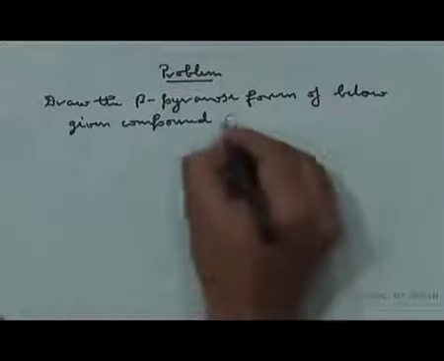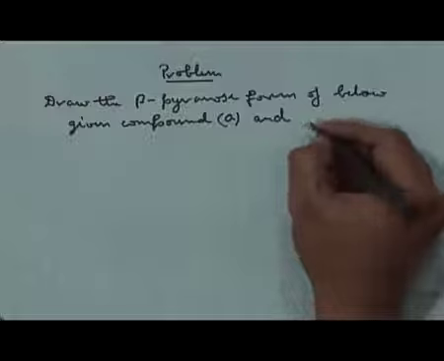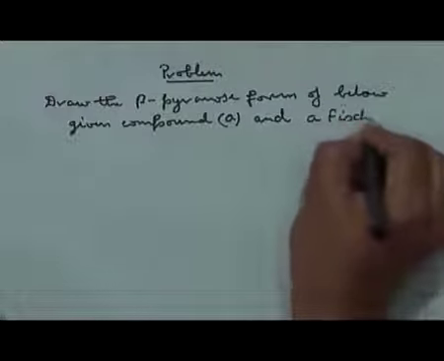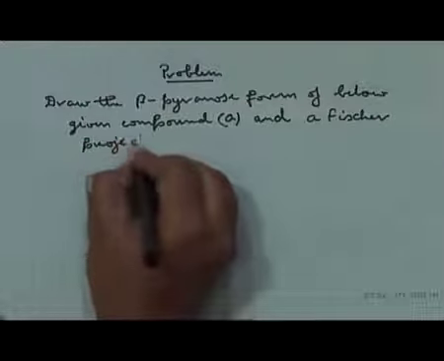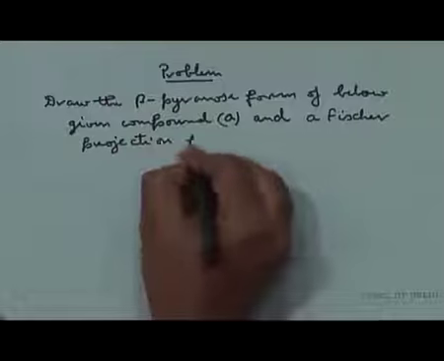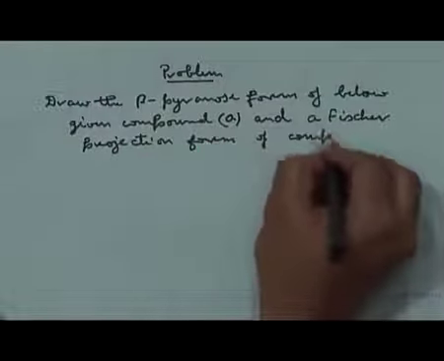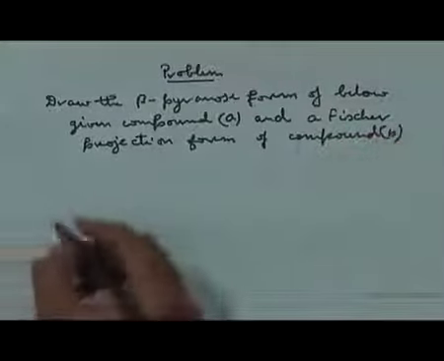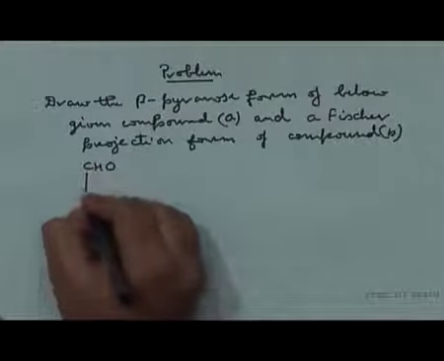Compound A and a Fischer projection form of compound B. Let me draw these two structures. Let me draw A first.